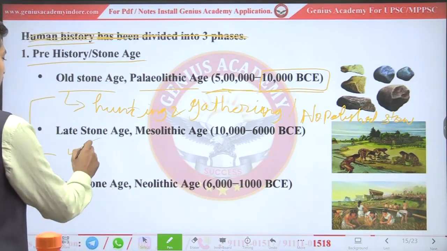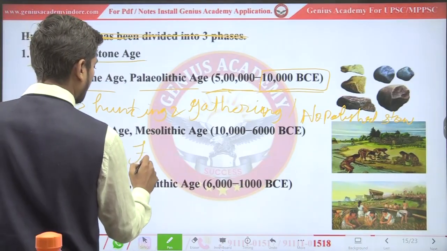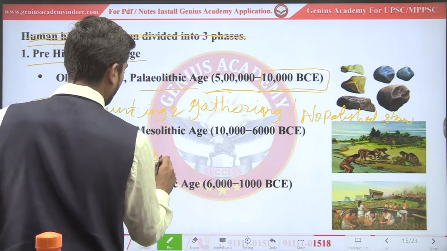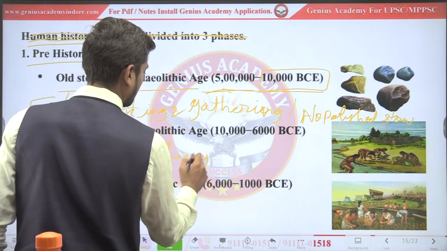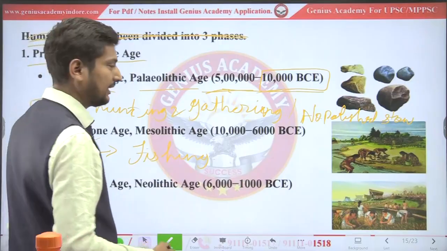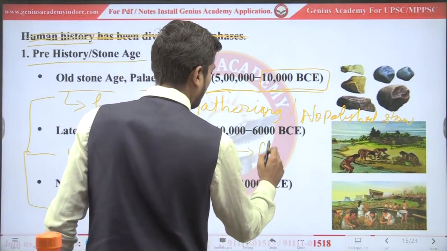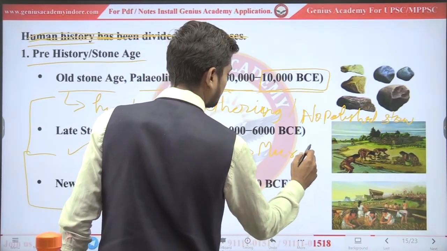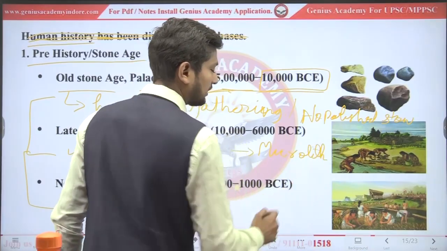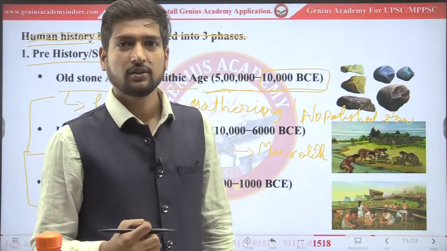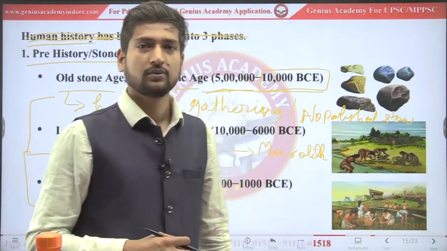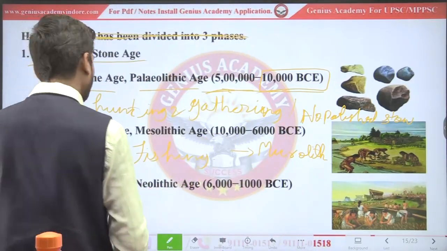In the later Stone Age, humans started to learn fishing along with hunting and gathering, and microliths, just like the size of tools became small. They are known as micro. These are found in this age.